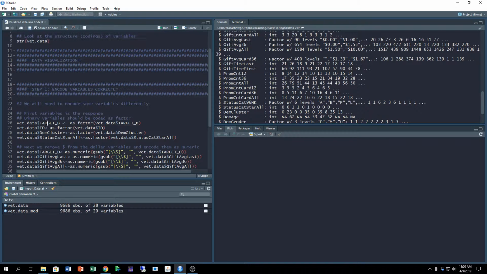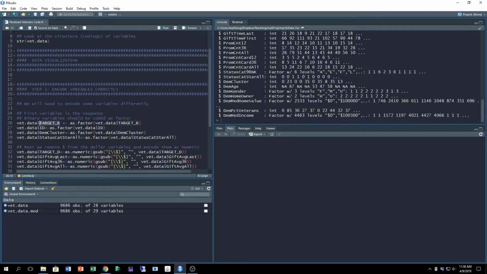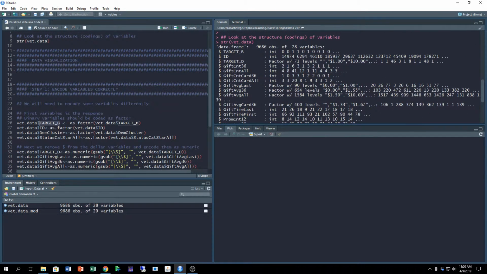The first one is target B, as it is a numeric variable. We changed it to be a factor just to show you how changing the variable types should work. We changed the ID variable as well. Although it is a variable we're not going to use, at that time we were just showing you how to do it.